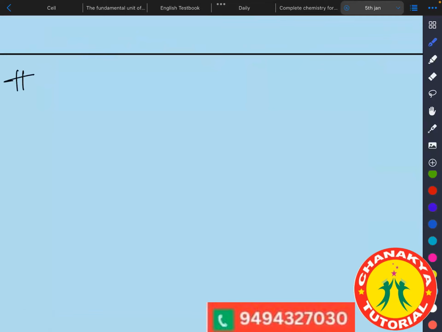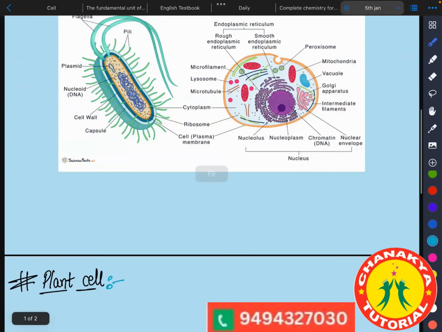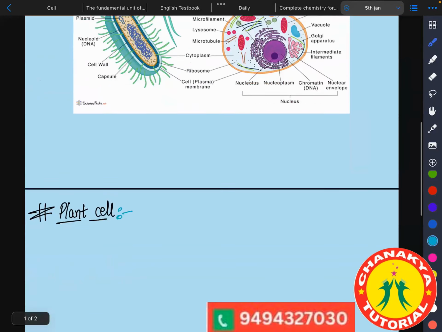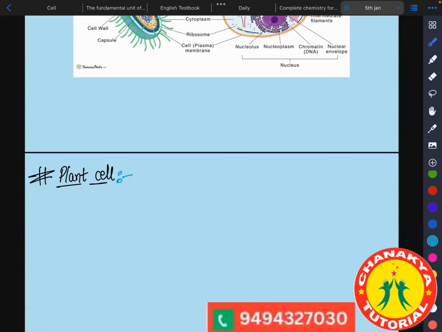Let's come to the plant cell. The plant cell contains what? Cell wall, correct? Chromosomes also. So first let's talk about plastids. It contains two types of plastids. One is leucoplast and another is chromoplast.